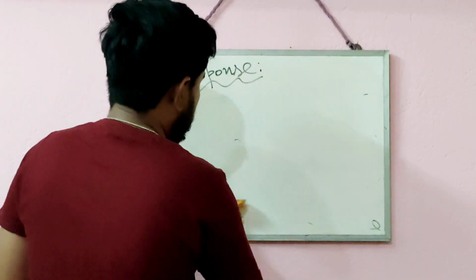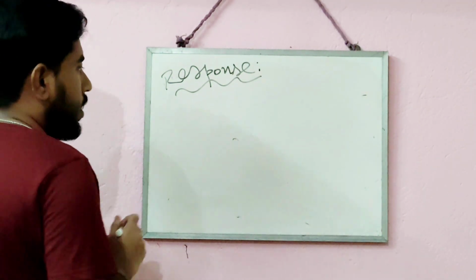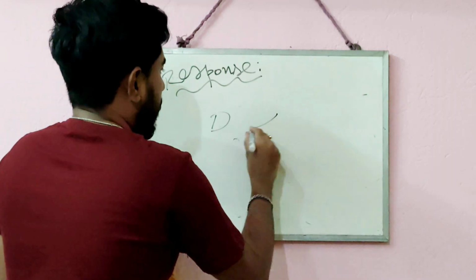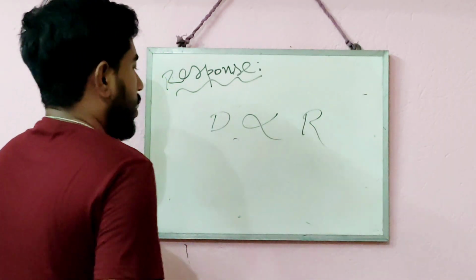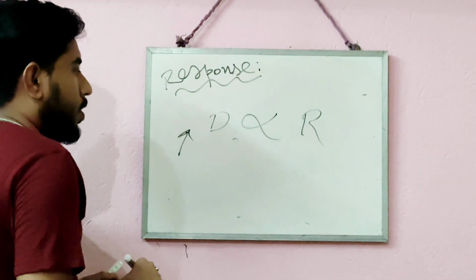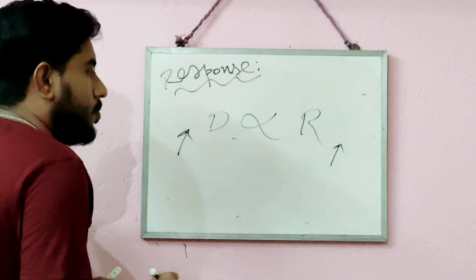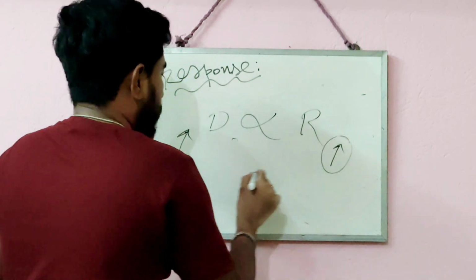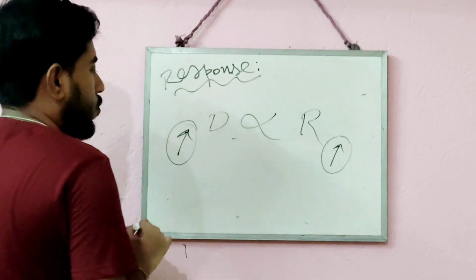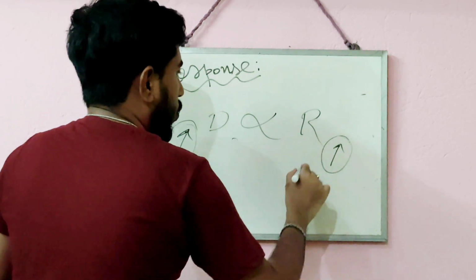One thing we have to remember about the response and dose relation, that is dose versus response. If you are increasing the dose of a drug, the response shown by the drug or by the body will be more. When you take more dose of a drug, it will show more action or more response.